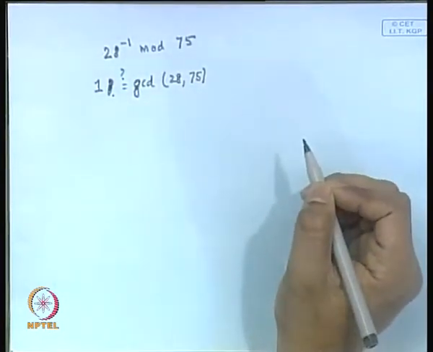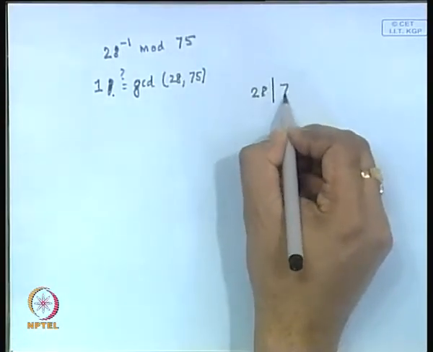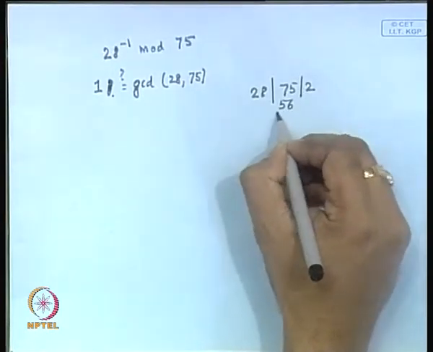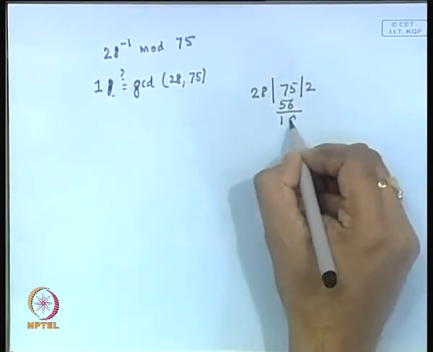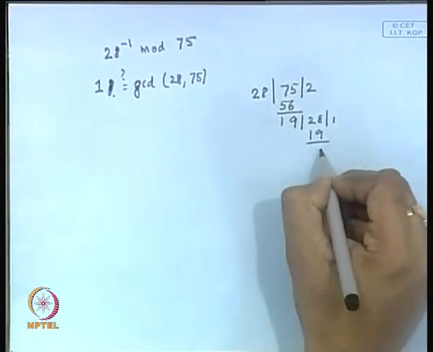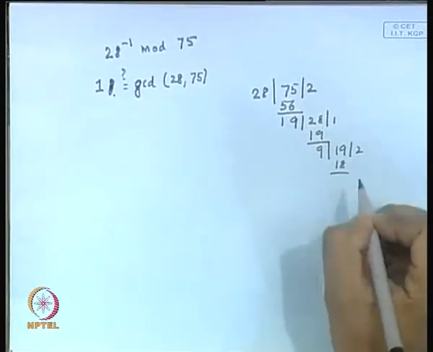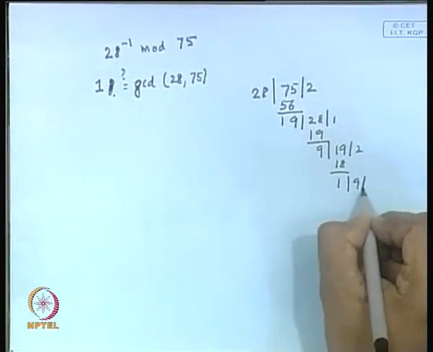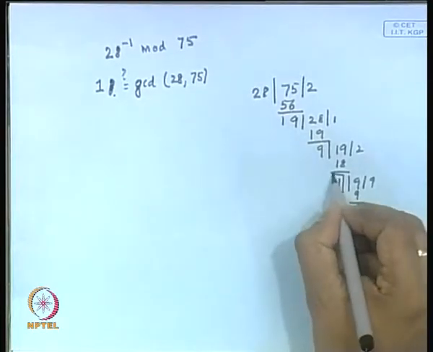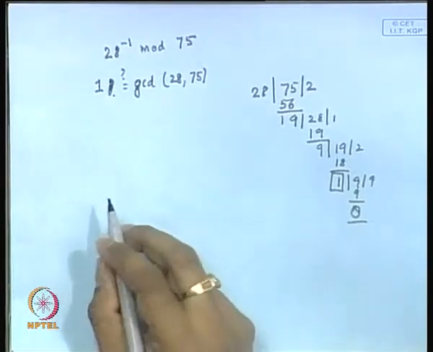If I divide 75 by 28, I get 56, and the remainder is 19. Then 28 divided by 19 leaves 9, 19 divided by 9 leaves 1, and then dividing gives 0. So 1 is my corresponding GCD. So the multiplicative inverse really exists.